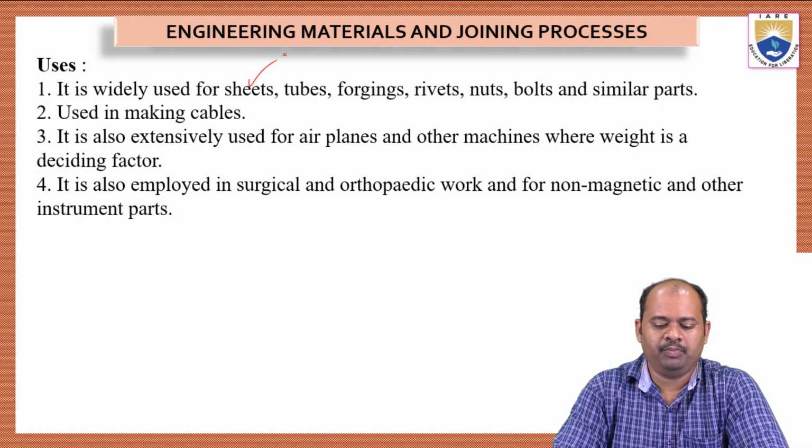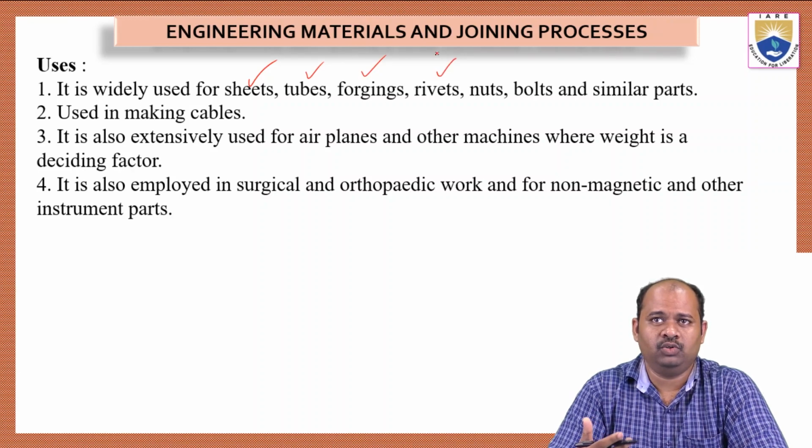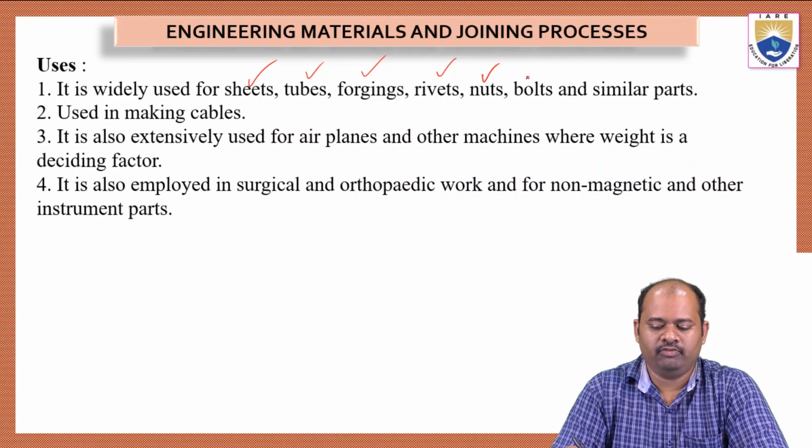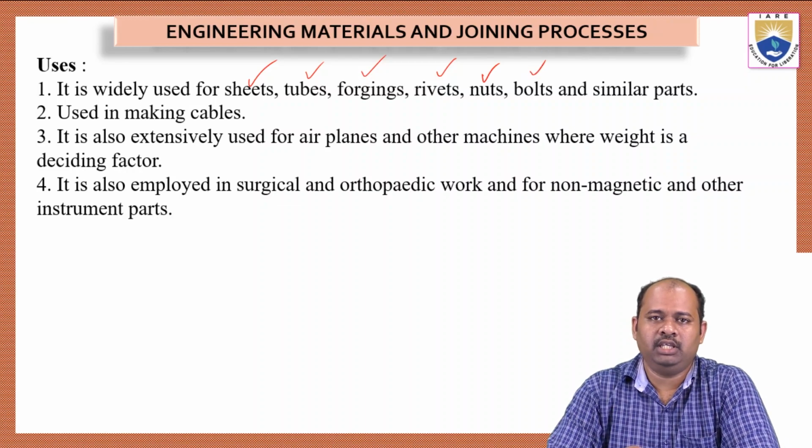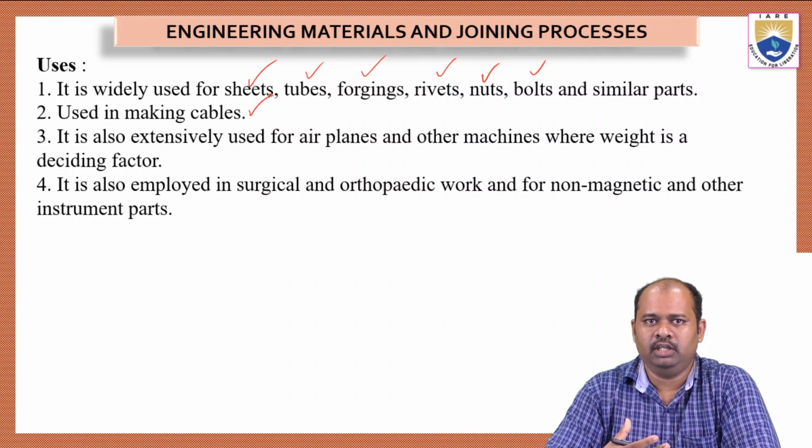Most of the rivets are made up of duralumin, and then they can be used for manufacturing of nuts, bolts, etc. And these are also used in making cables because they have high electrical conductivity. They can be used to prepare cables also.